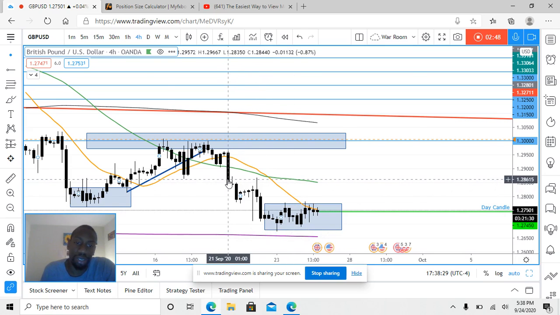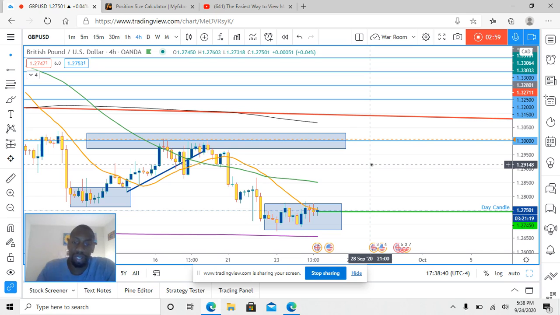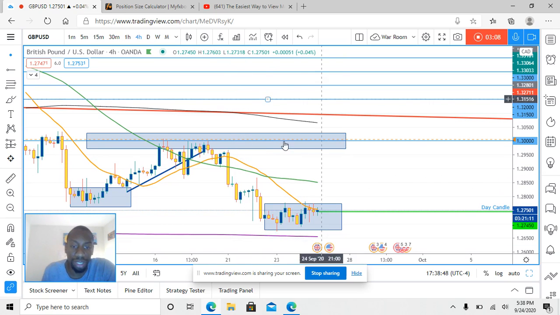But if I switch back, you can see the colors of each single candle. The yellow candles represent the down, the blue candles represent the bullish.